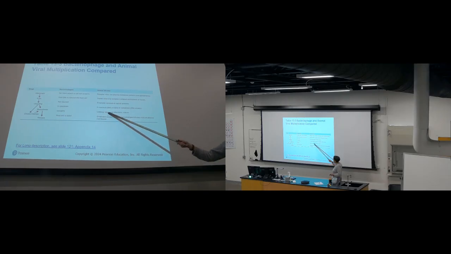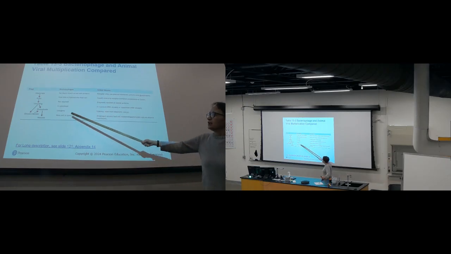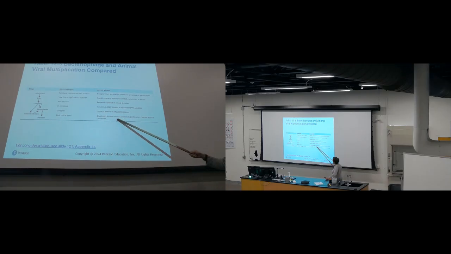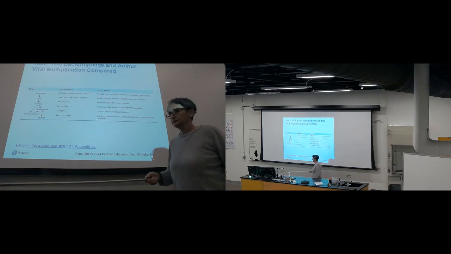And then part of this chronic infection can be slow viral infection, and some of the viruses can inactivate tumor suppressor genes causing cancer. And then exit or release is through lysis in bacteriophages. And then in the case of animal cells, if it's an envelope virus, it buds out. And in the case of naked viruses, it ruptures the plasma membrane.